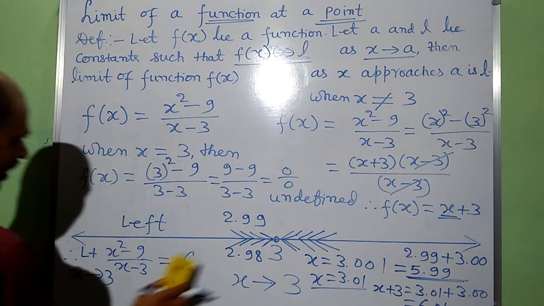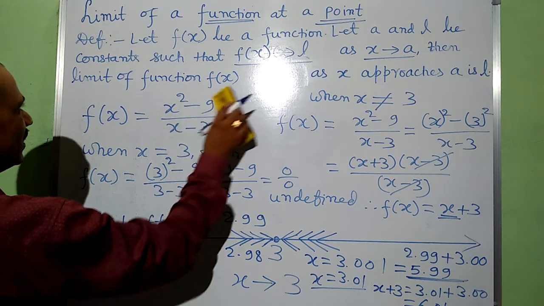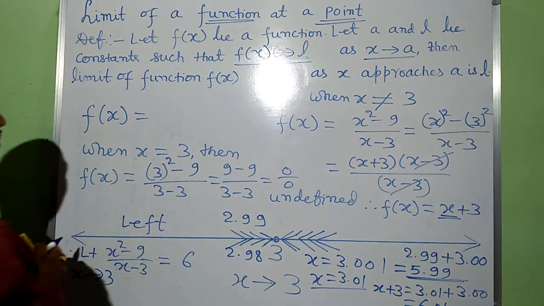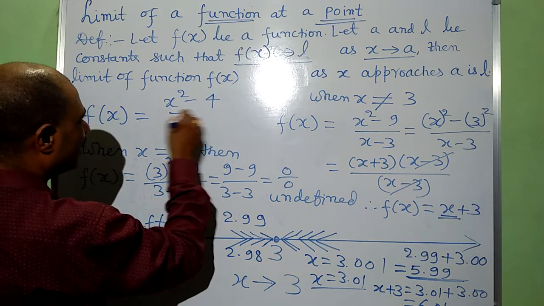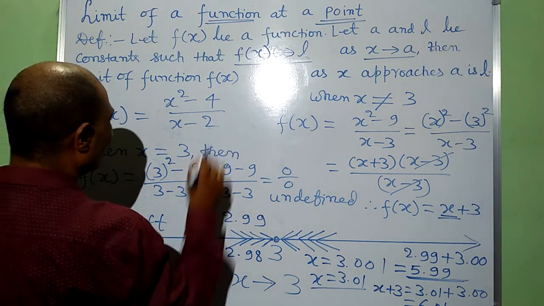We can take another example also. Suppose f(x) is equal to x square minus 4 by x minus 2.